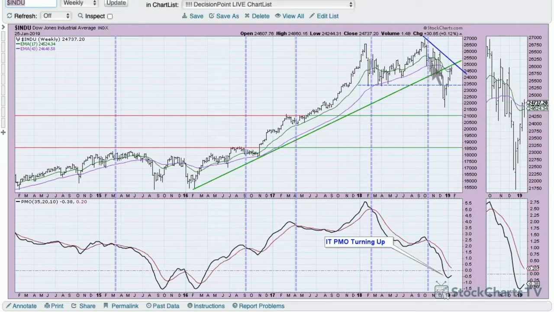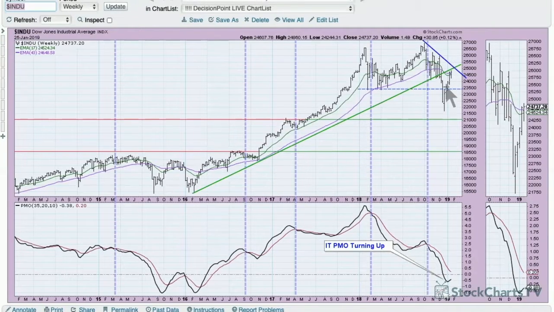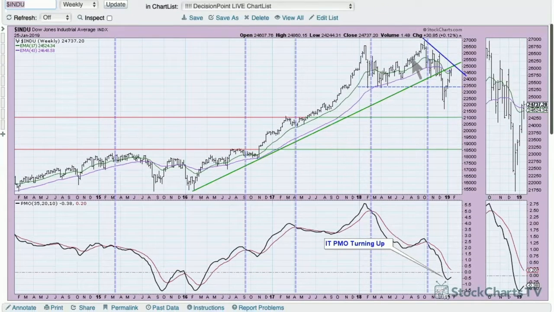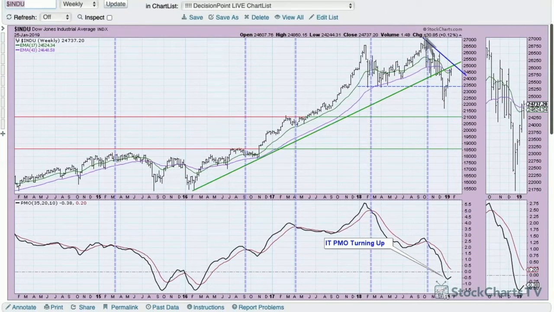When I look at the weekly chart, there's that declining trend, and it hasn't been broken just yet. But we are seeing the PMO on the weekly chart turning up on the Dow, as well as the other three large cap indexes. I'll just briefly go through those. Here's that rising trend that started back in 2016. We had the correction and it looked like we might come back, but obviously did not.